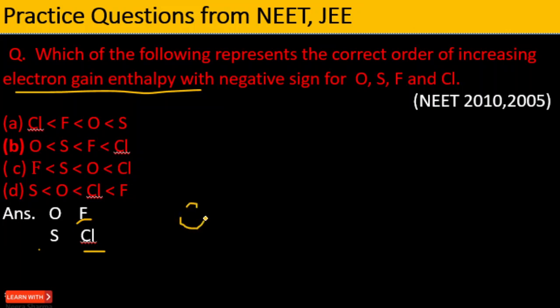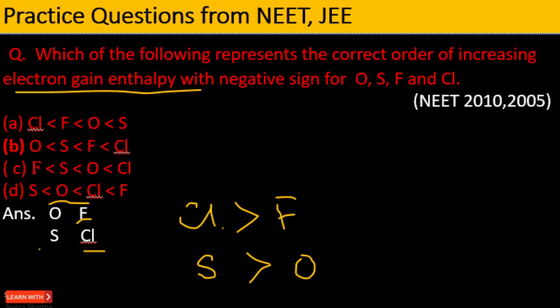Chlorine has got greater electron gain enthalpy than fluorine, and sulfur has got greater electron gain enthalpy than oxygen, and electron gain enthalpy will increase as we go from left to right in the periodic table.